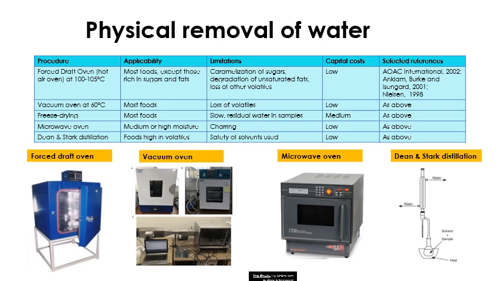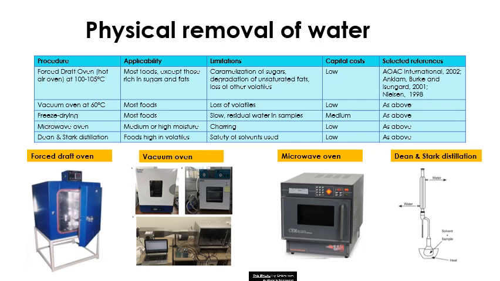Freeze drying is more expensive compared to these three methods because you perform it under vacuum and low temperature to remove the moisture content. But if you are interested in analyzing, for example, antioxidants or any heat-sensitive component, such as metabolites or even proteins, you may want to opt for freeze drying.